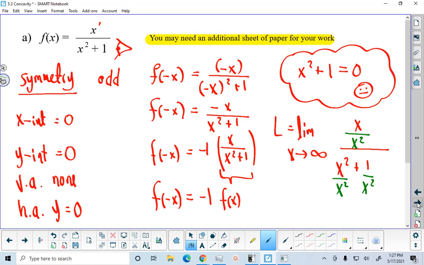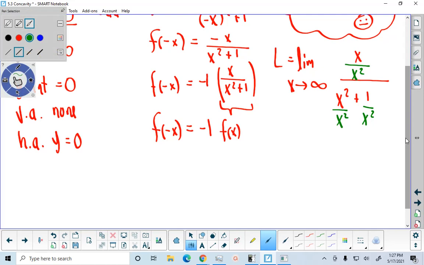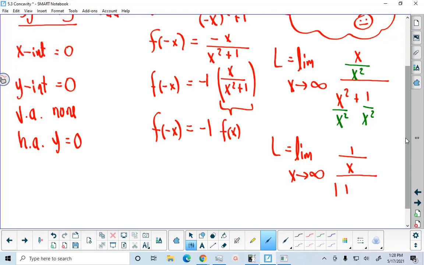So this limit is going to be equal to the limit as x approaches infinity of 1 over x over 1 plus 1 over x squared. At infinity, this is 0, and this piece of the bottom is 0, which means you're left with 0 over 1 plus 0, which is 0 over 1, which is 0.